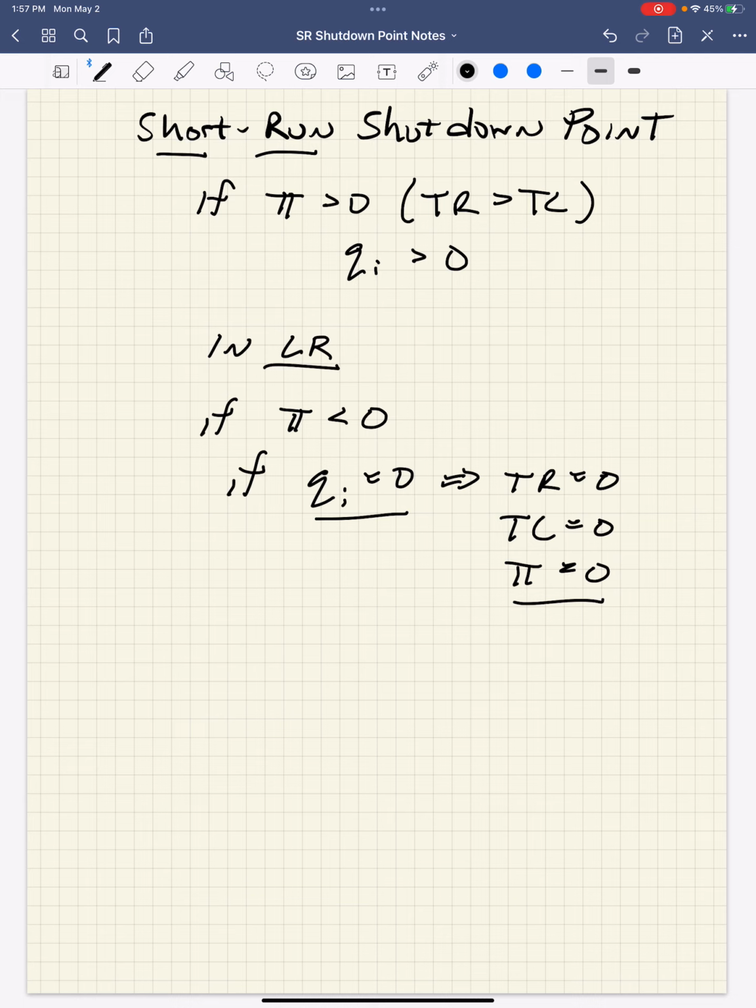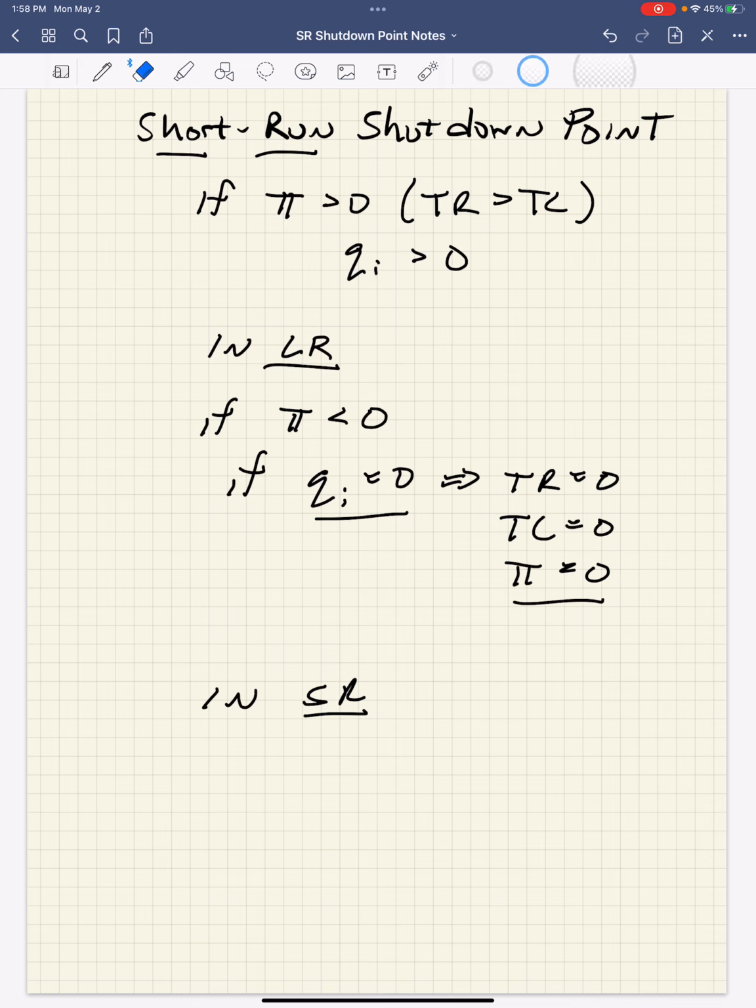In the short run, again, it's not going to be so clear. The big difference here is in the short run, the decision of when to shut down and when to keep operating will actually depend on the different types of costs, the variable cost versus the fixed costs.